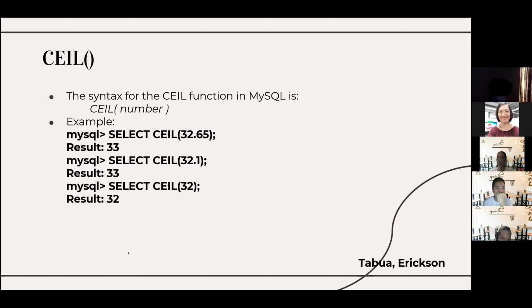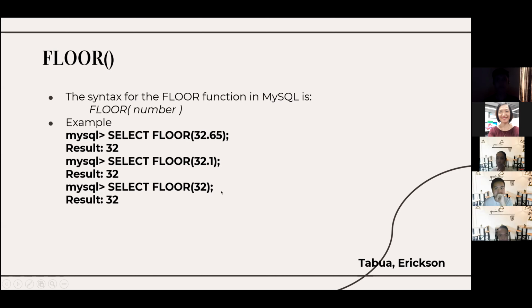Another example is MySQL SELECT CEIL(32.1), also with the result 33, because it rounds up. Next slide.